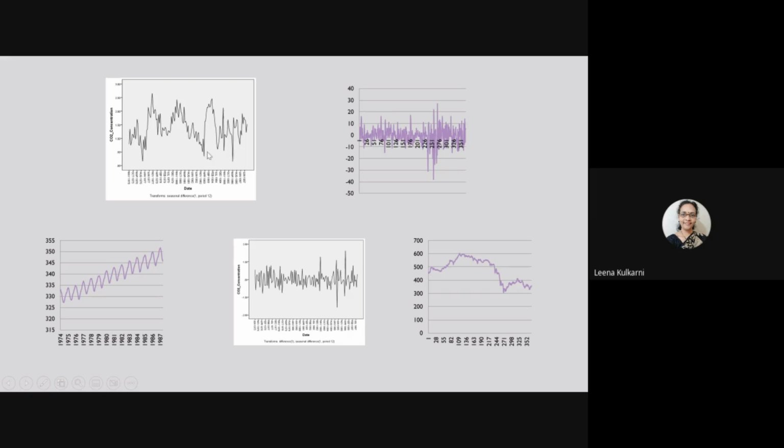Now, in the same way, if you observe this second graph, and try to draw a line through the midpoints of the data values, it is approximately parallel to the x-axis, and the fluctuations are around 0. Sometimes the fluctuations are between -10 to +10. Sometimes the fluctuations are very high, -20 to 20 or -30 to 30.